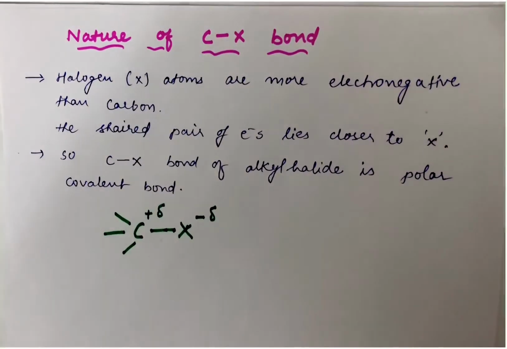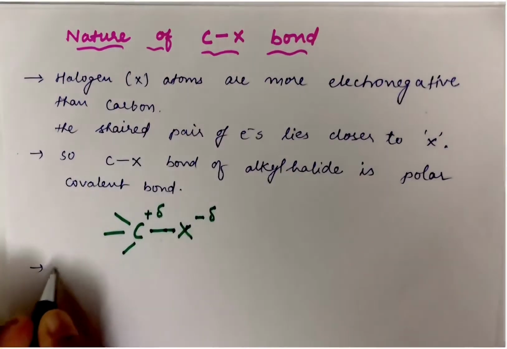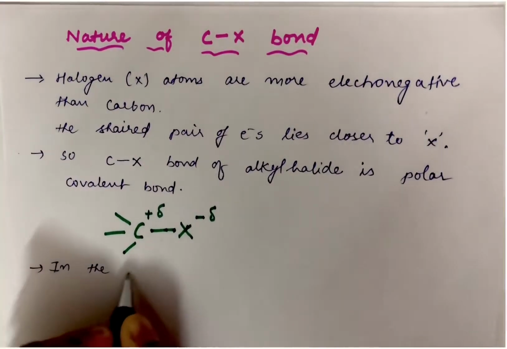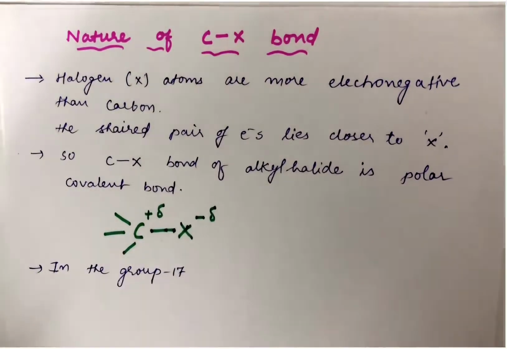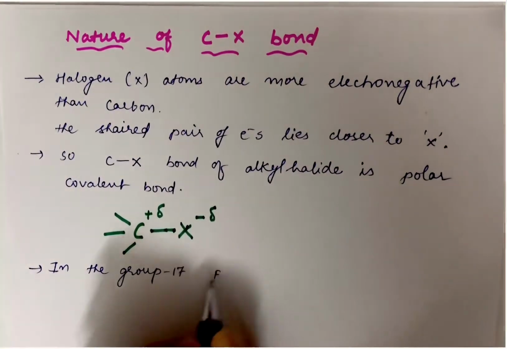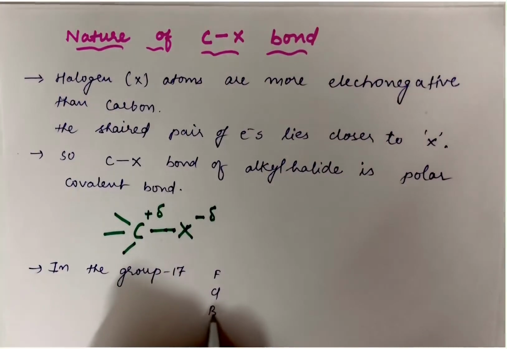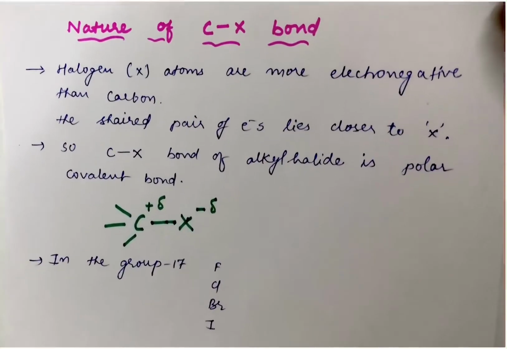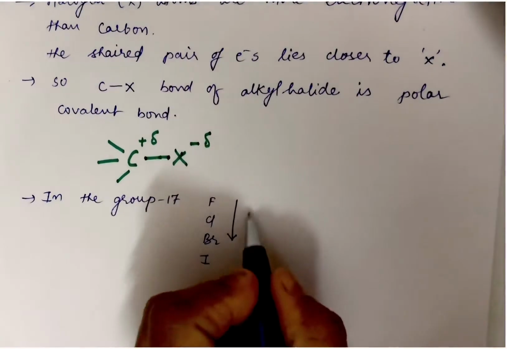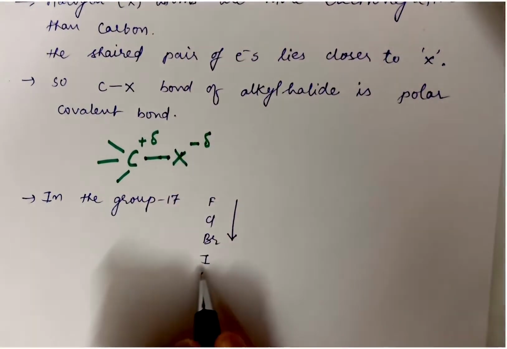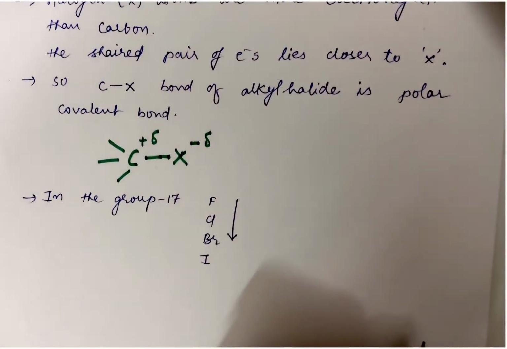Fine students. Now let us discuss further about this particular property in the group. In the group, when I say, obviously I would discuss group 17. In group 17, you are knowing that you have fluorine, chlorine, bromine and iodine. And yes, of course, we are also aware about the size of these particular atoms when you move down this particular 17th group.